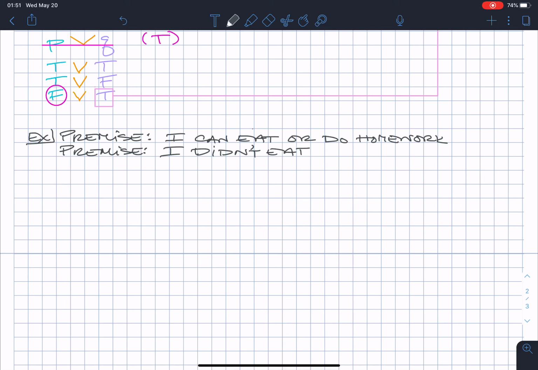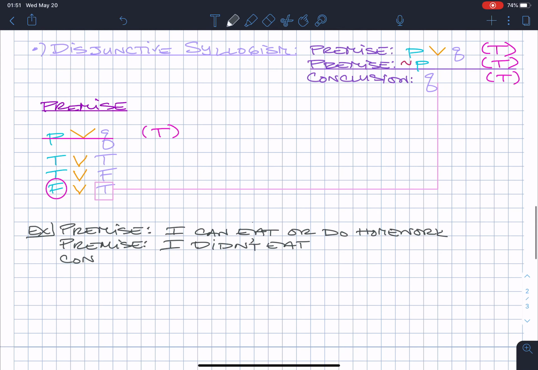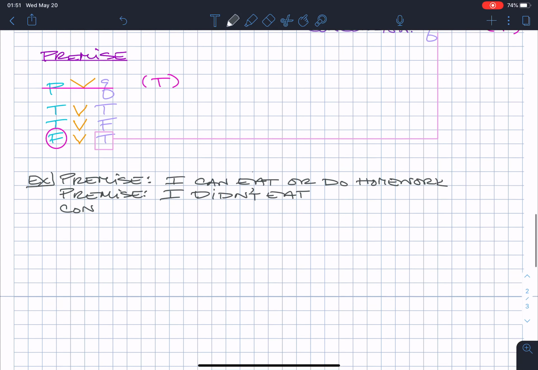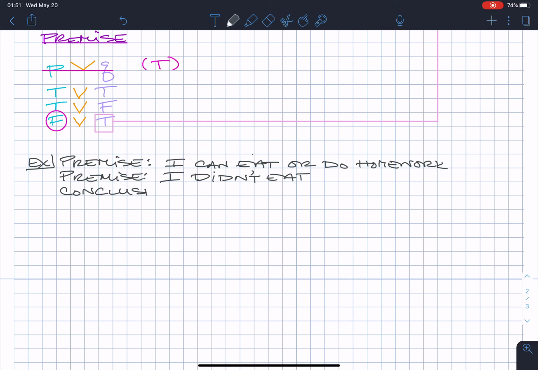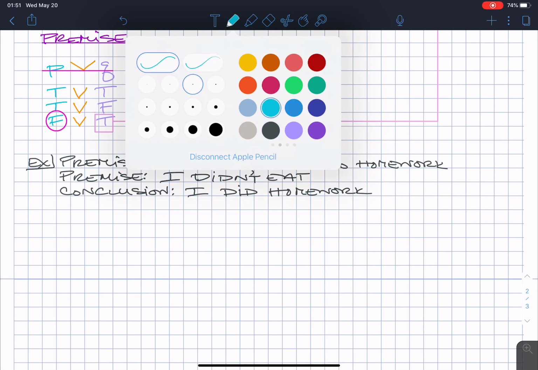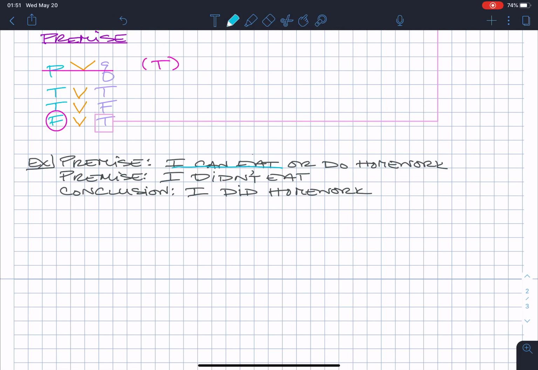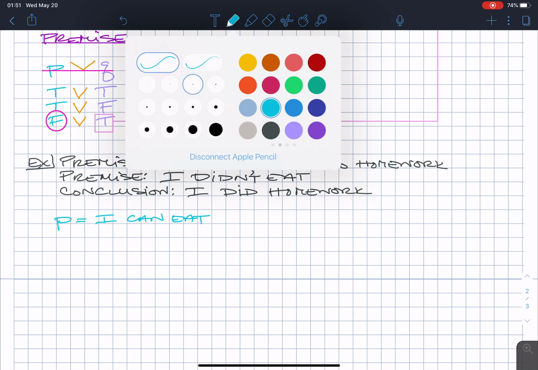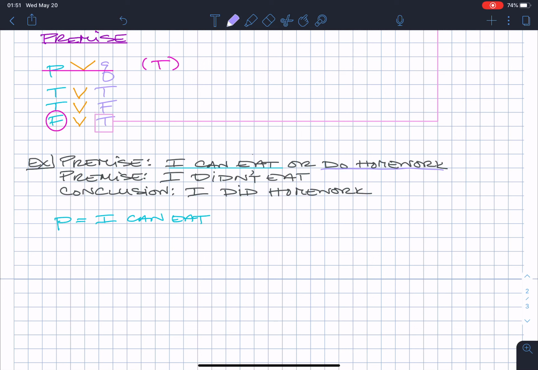So what is the conclusion? I did my homework, right? That's what Q is. Conclusion: I did homework. So P is I can eat, and of course Q is I can do homework.